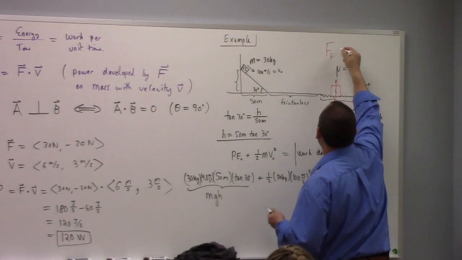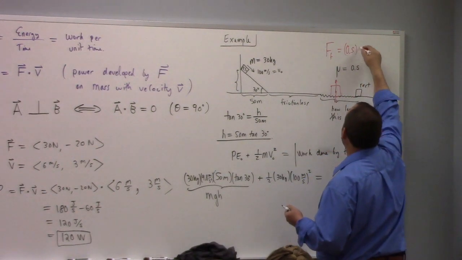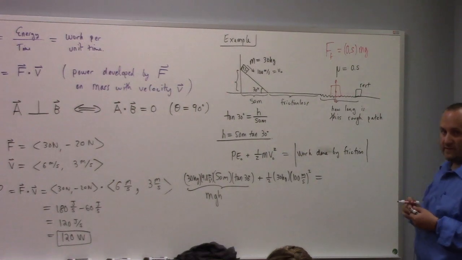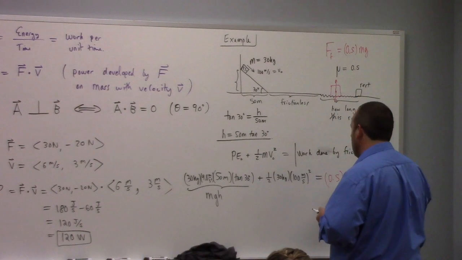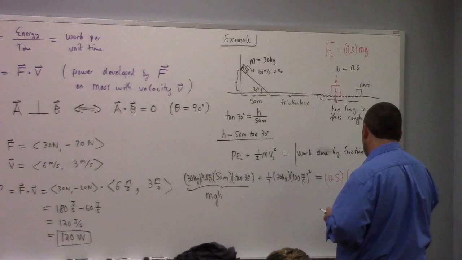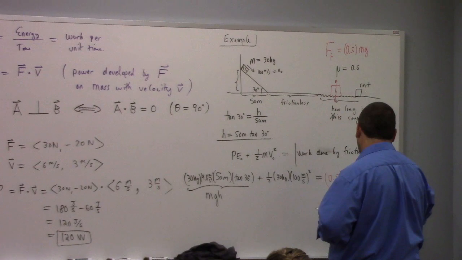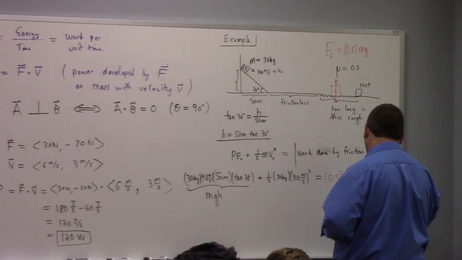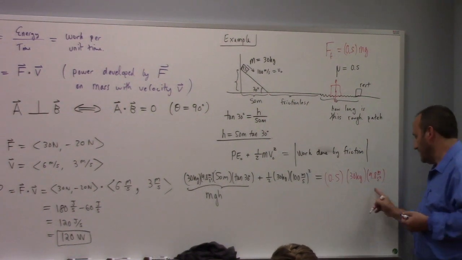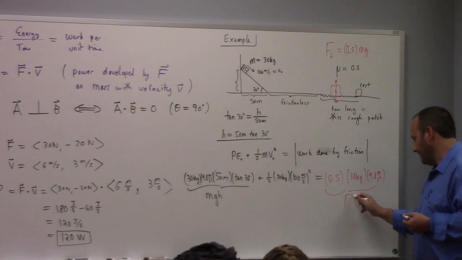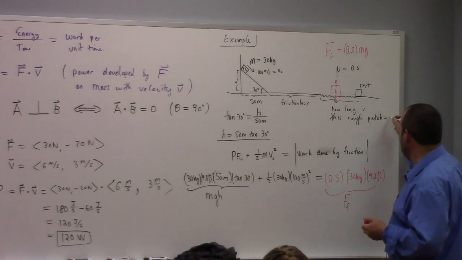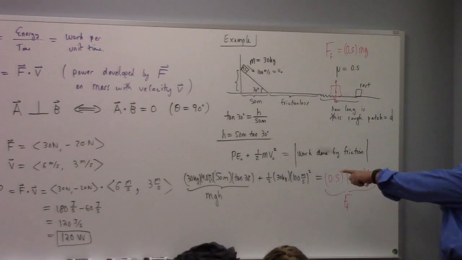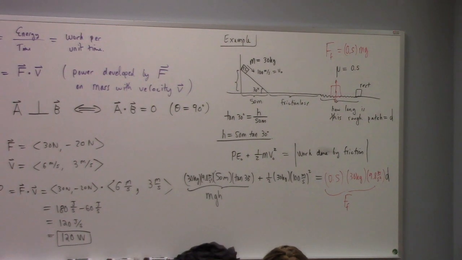The force of friction in this situation is just 0.5 times mg because the normal force is mg in this case, right? So we're just looking for 0.5 times 30 kilograms times 9.8. So this is the friction force, and the question is, what's d? What's the distance it takes to stop it? Let's call that d. So all you've got to do is solve that for d, and that's it.